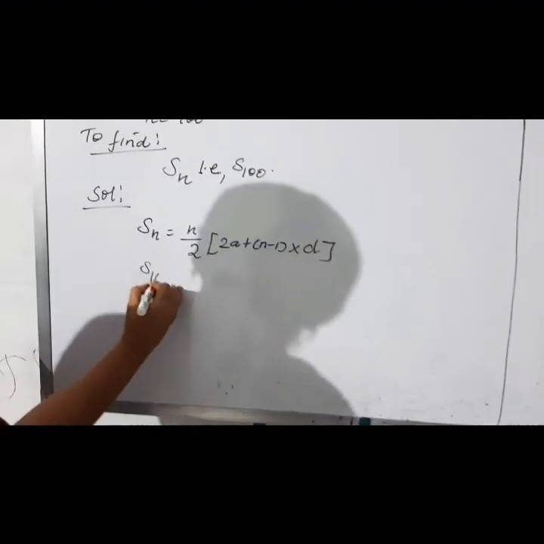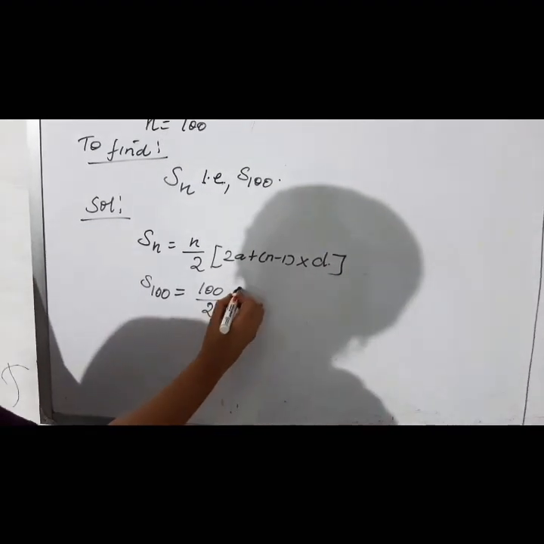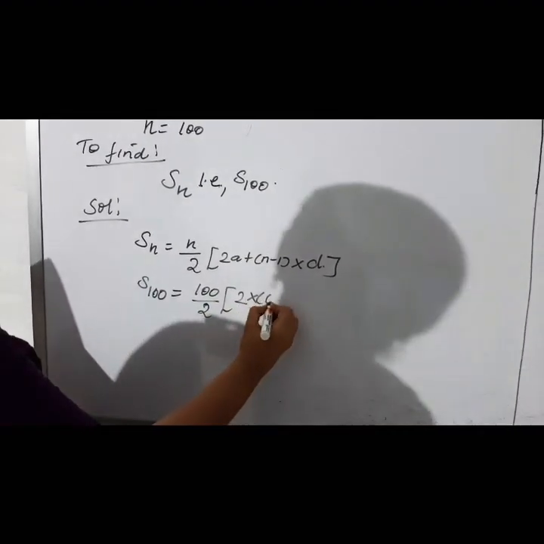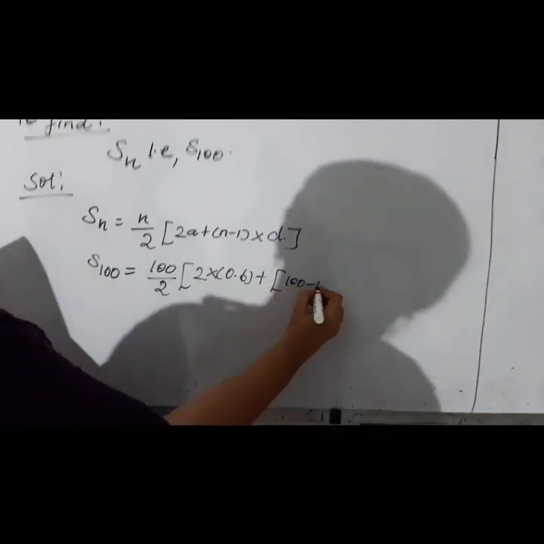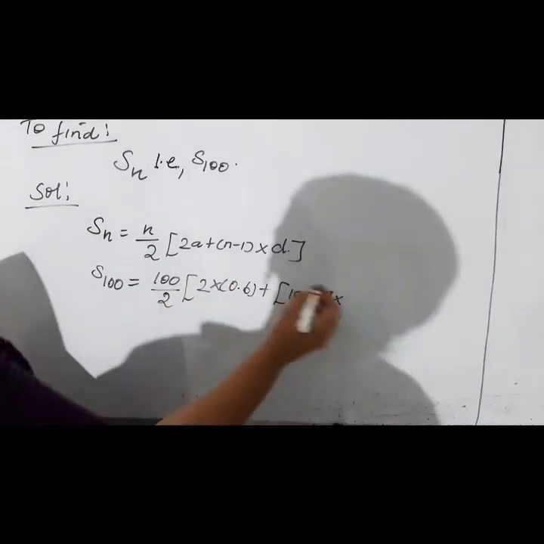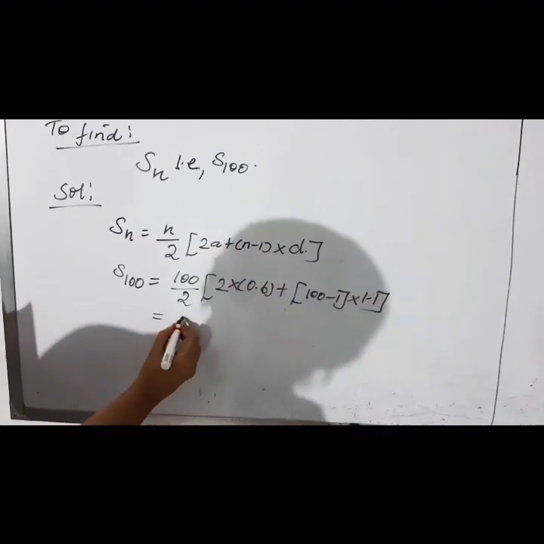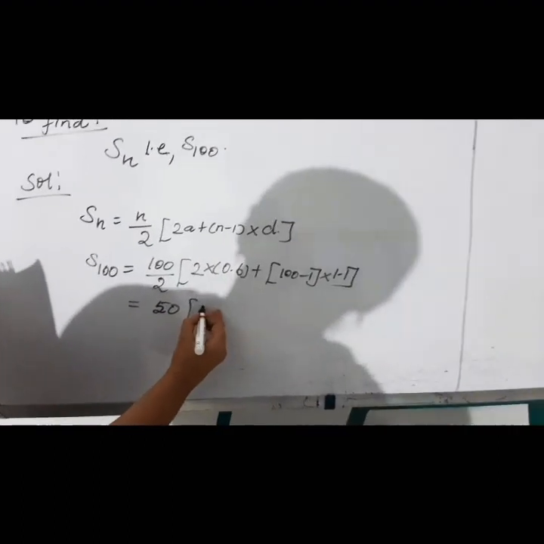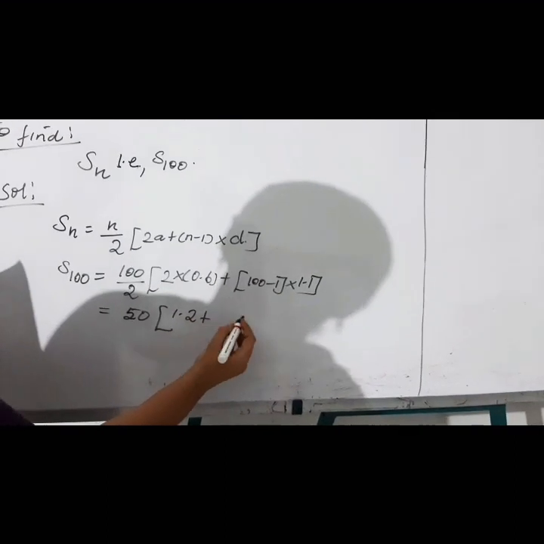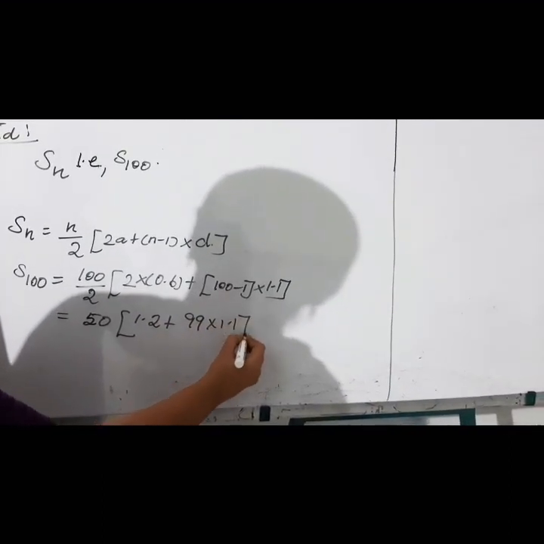Substitute all the values. We need to find out S100, that is 100 by 2 into (2 into 0.6 plus (100 minus 1) into d). What is the value of d? 1.1. 100 by 2 is 50, 2 into 0.6 is 1.2, 100 minus 1 is 99 into 1.1.